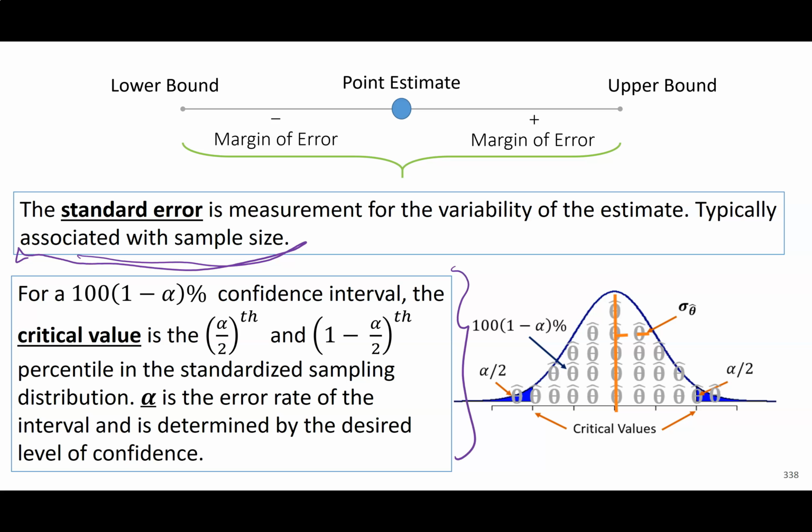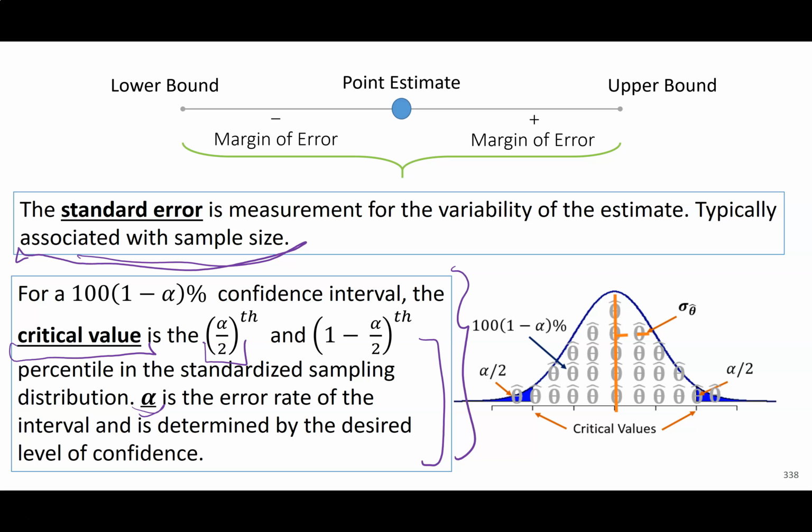We're not going to expect you to do this, and yes, this is a very technical way to phrase it: the critical value is going to be the z-score associated with alpha over 2, and the 1 minus alpha over 2 percentile, which is real goofy. And alpha is an error rate for this interval.